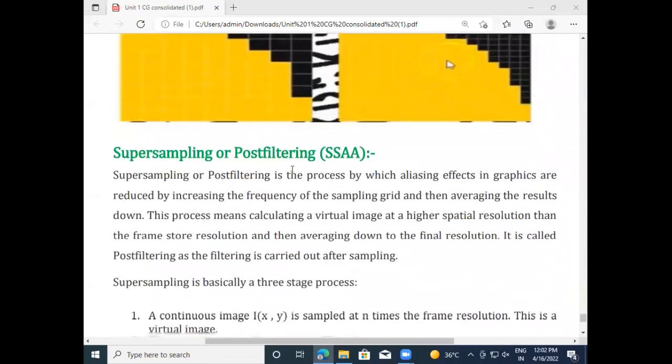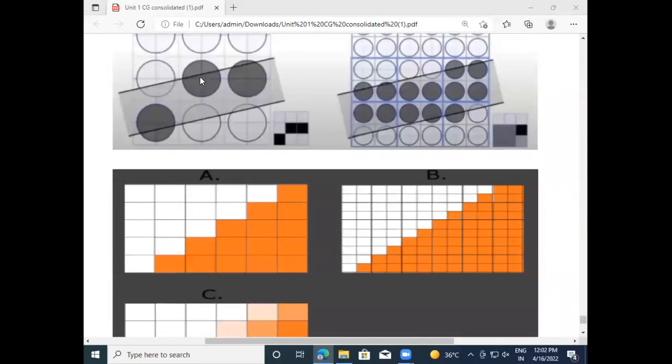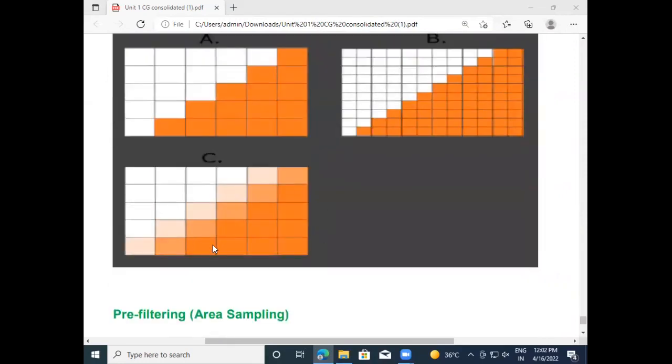You can call this super sampling or post filtering. In case of post filtering, what we are using is, instead of scattering the total intensity, we keep the intensity at the center at the highest point. It means that if you see here, this particular pixel has higher intensity than this, and this has higher intensity than this.